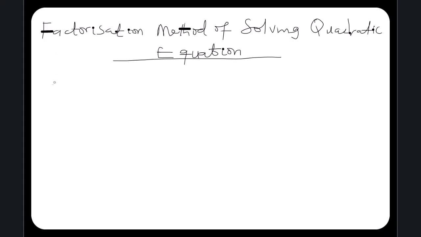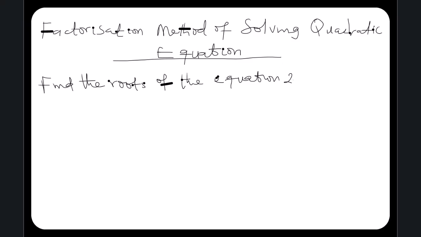Let's say you have a given equation. Find the roots of the equation 2x² plus 7x minus 15 is equal to 0.